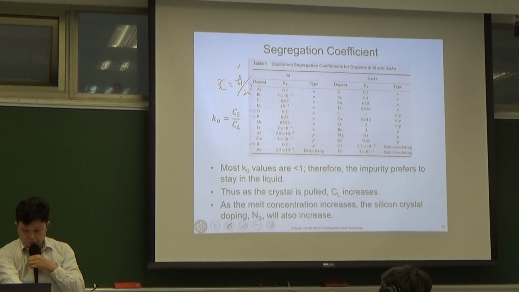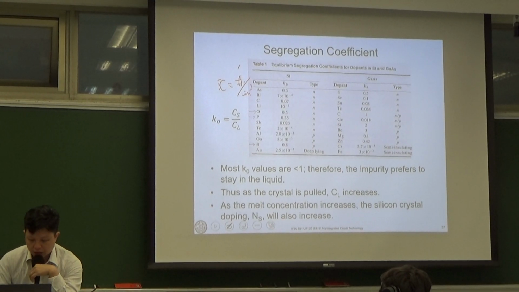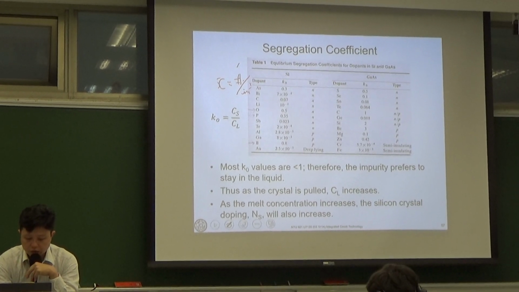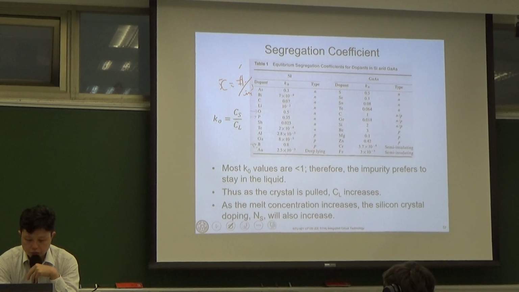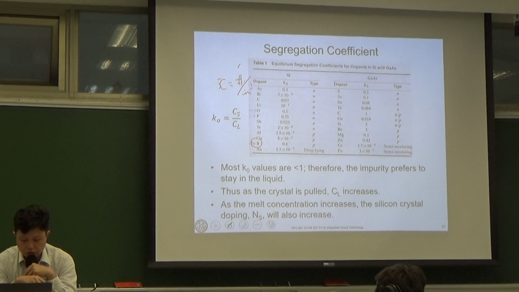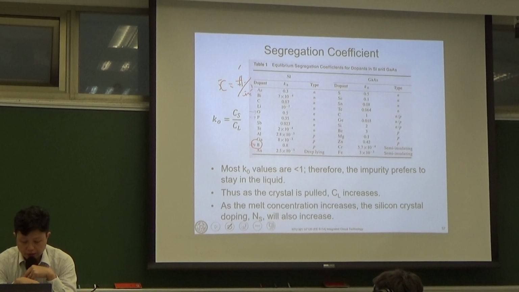Last time we said that we choose boron as the preferred dopant because its coefficient is close to 1.